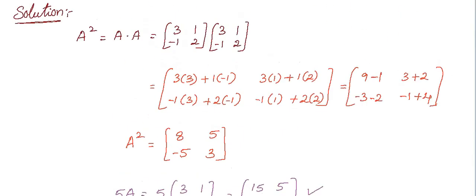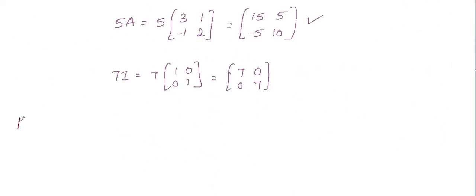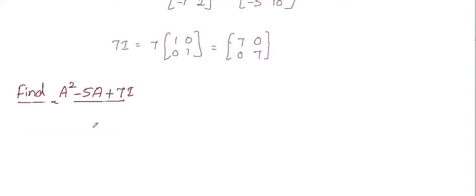So we got A square, 5A and 7I values. We just need to substitute these three matrices into the given equation which we need to find, which is A square minus 5A plus 7I.